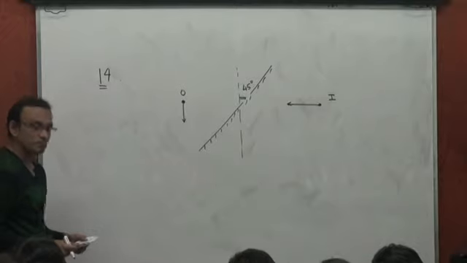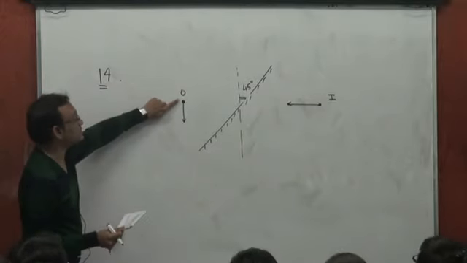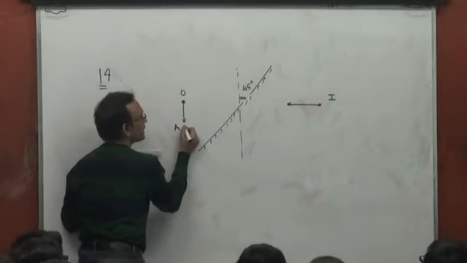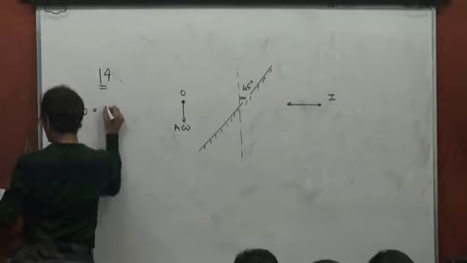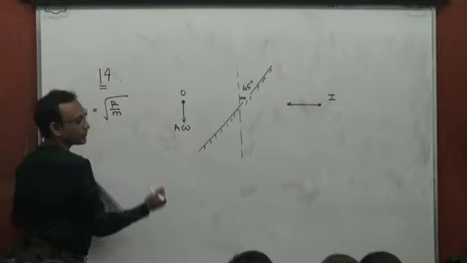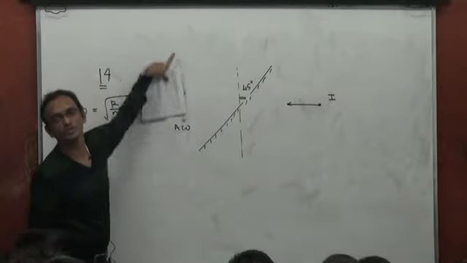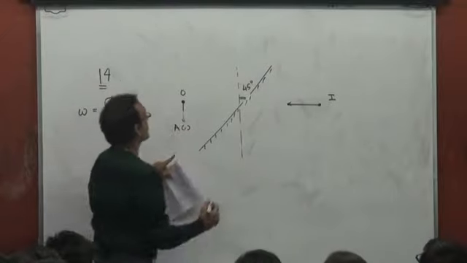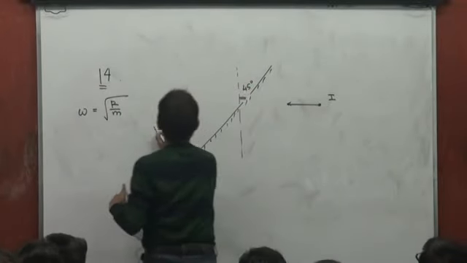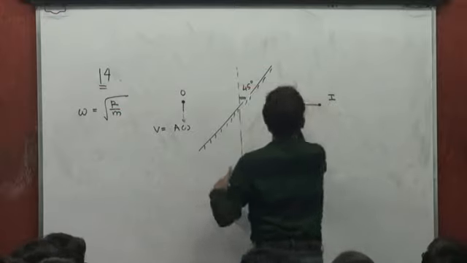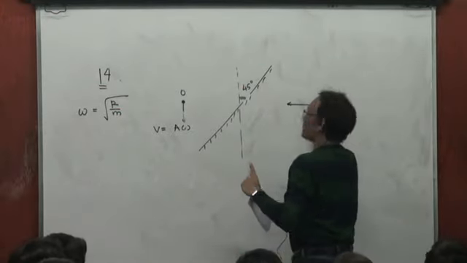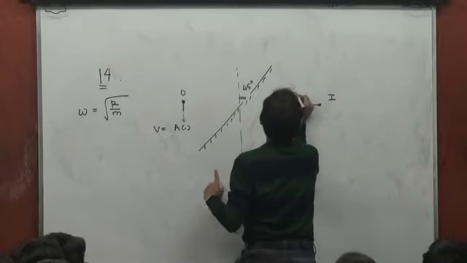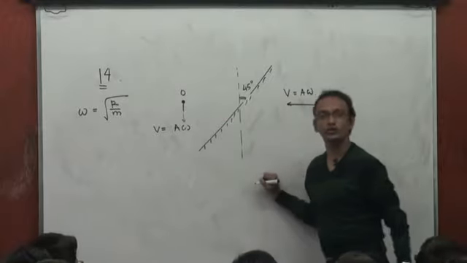Now, the maximum speed of the insect is going to be a omega, where omega, of course, you can see is root k by m. At the mean position, it's going to execute simple harmonic motion and would have a V max a omega downwards, and the image will execute simple harmonic motion about a mean position, say here, and at its mean position, this would have V equal to a omega.